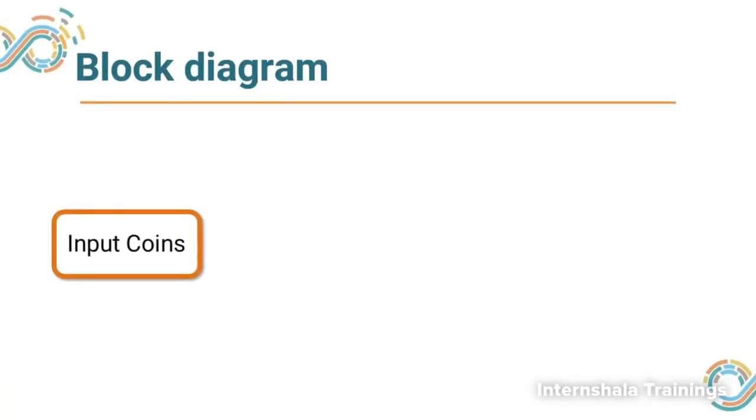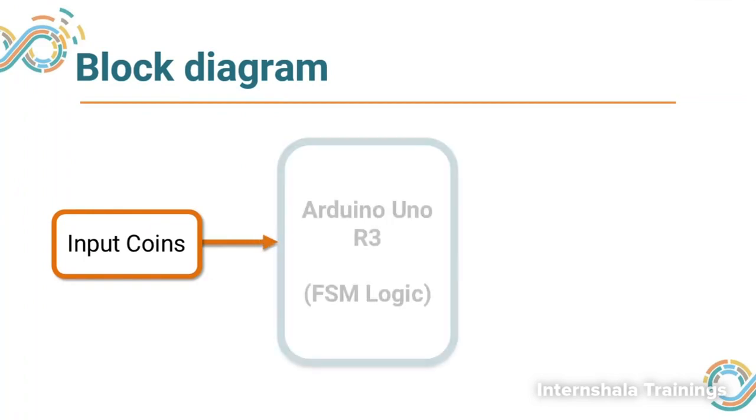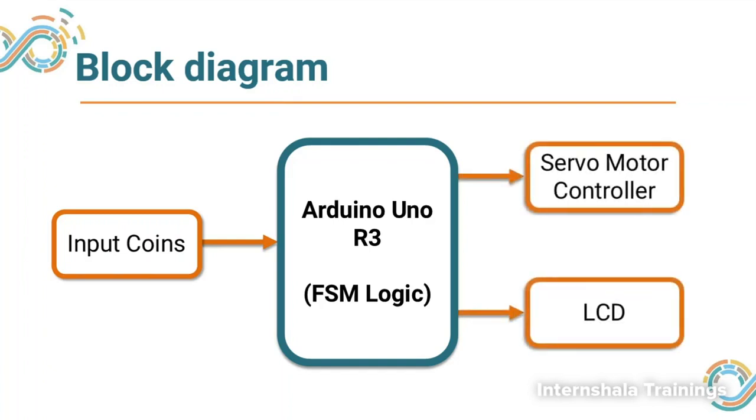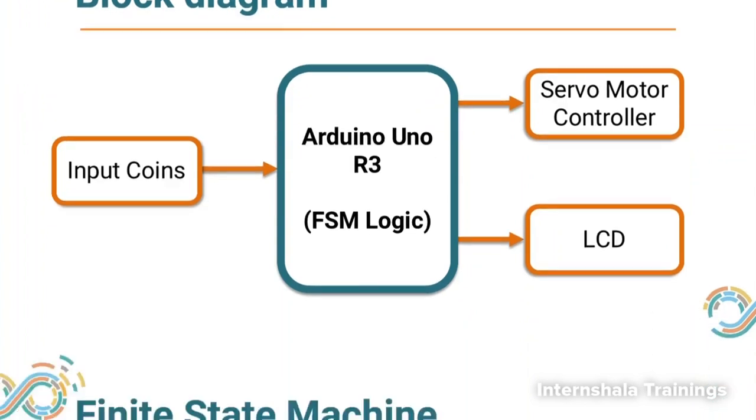So here is the block diagram, which is fairly simple. We are going to give input coins, and we have FSM based logic which is programmed to our Arduino Uno. We are going to have DC or servo motors and LCD to give you the appropriate output information.